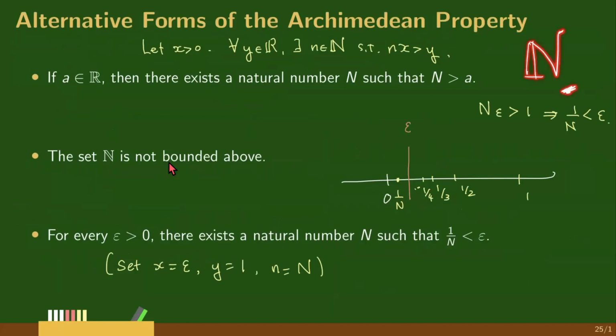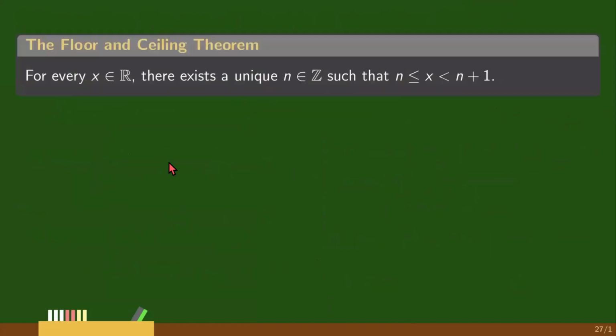Tungkol ito how the natural numbers are arranged in the line, okay? Yung floor and ceiling theorem will now tell you how all the integers are arranged in the number line. Kasama na dito yung 0 at saka yung mga negative na integers. Paano ba sila naka-arrange?